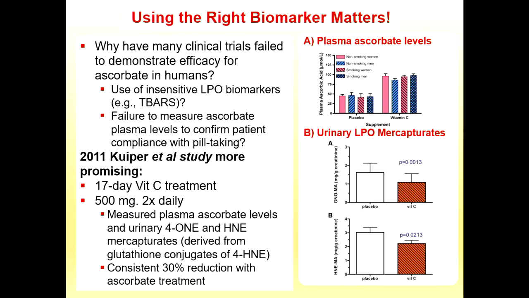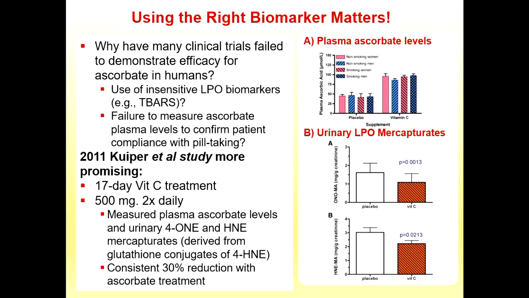I just found this study, a Dutch study from a while back now, but they measured ascorbate levels, vitamin C levels, and clinical trials of vitamin C often haven't been very effective, and some of the biomarkers such as TBARS that we're going to use in your lab today, they've used in clinical trials of ascorbate, and they never show much change. And so this makes it hard to know whether in a clinical trial people really are taking the appropriate dose of vitamin C regularly, and whether they really are fully complying with study protocols.